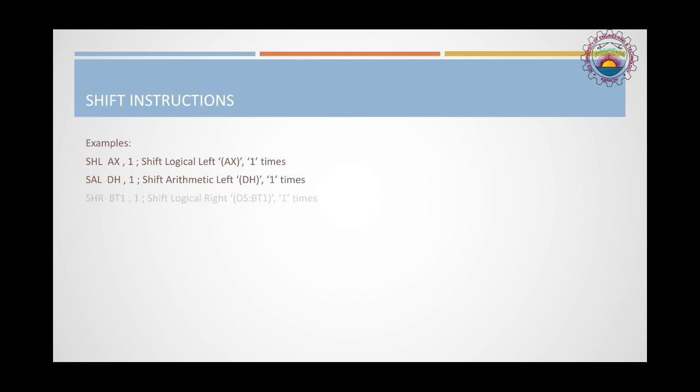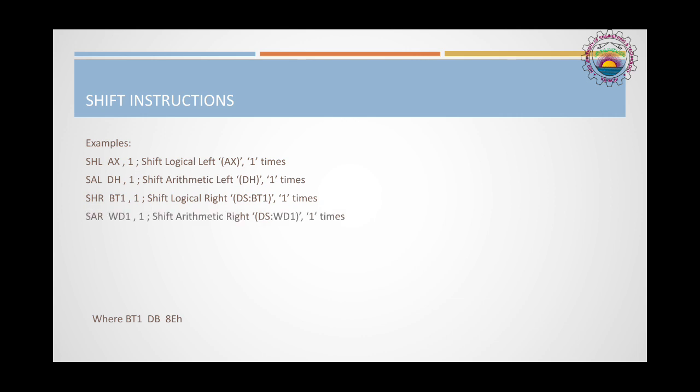So that is an 8-bit operation. Now SHR BT1, 1, a logical right shift, and a byte will be fetched from memory that is stored at the BT1 offset within the data segment, and that byte will be shifted right one time. After shifting, the result will be stored back to memory at the BT1 location within the data segment.